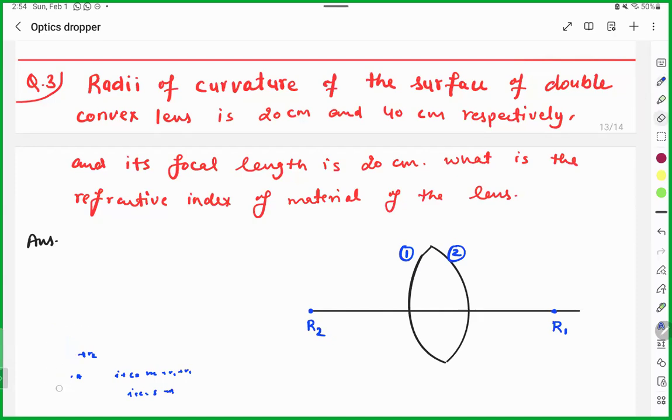Done, guys. Not yet, son, still solving. 252, 254.